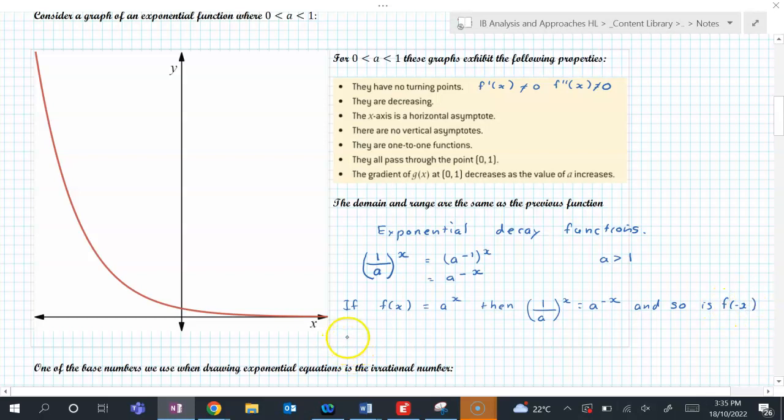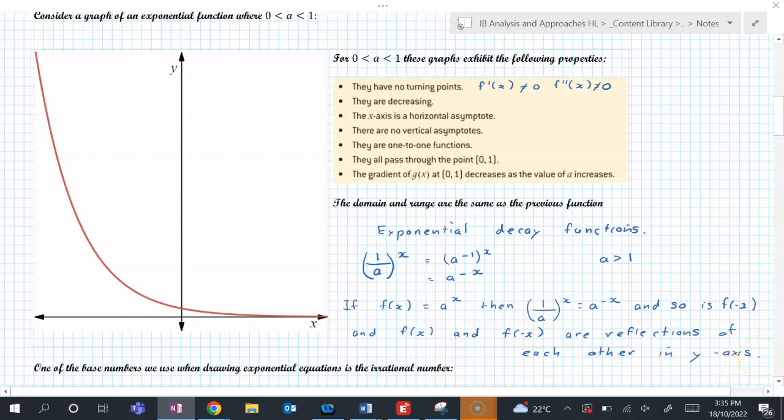So f of x is a to the x, 1 on a to the x is just f of negative x, and f of x and f of negative x, if you recall what we did on transformations, are reflections of each other in the y-axis.